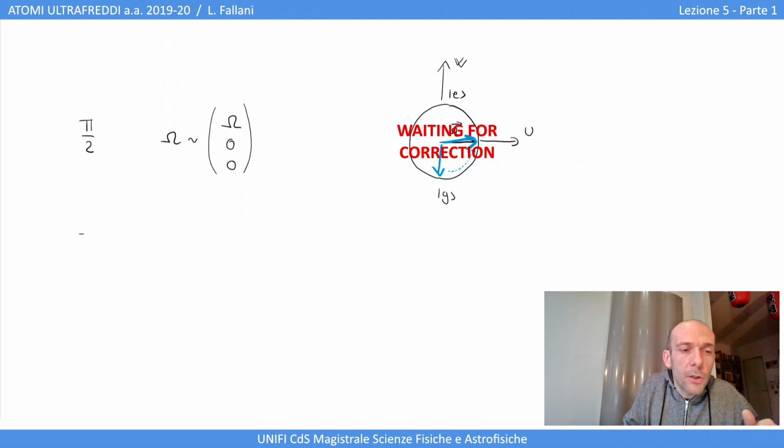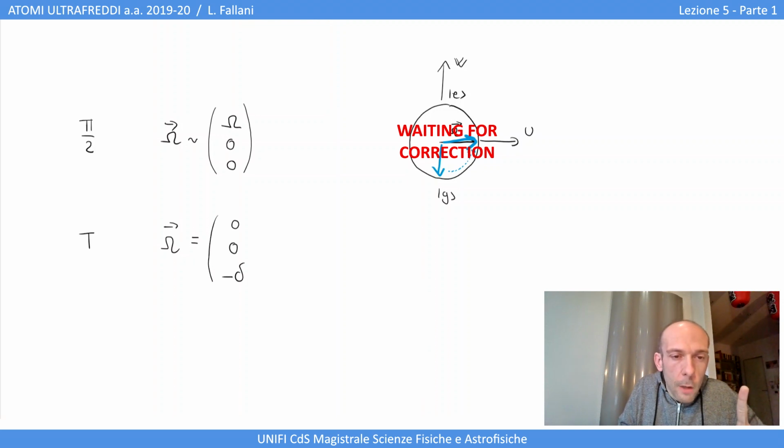Then, during the dead time, capital T, what happens? So the field is switched off. So omega is 0. But still there is a detuning.